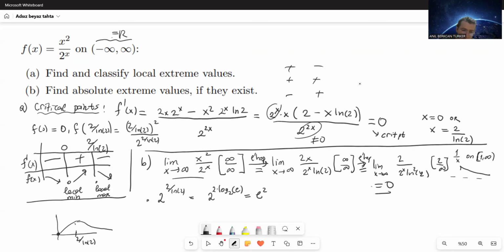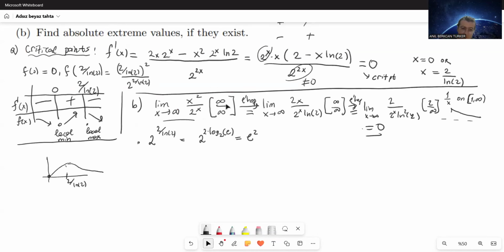So it means that it can be a local maxima. Sorry, absolute maxima. But I'm not sure because I don't know any information about the behavior at minus infinity. So let's also calculate that. Still, we are not sure.